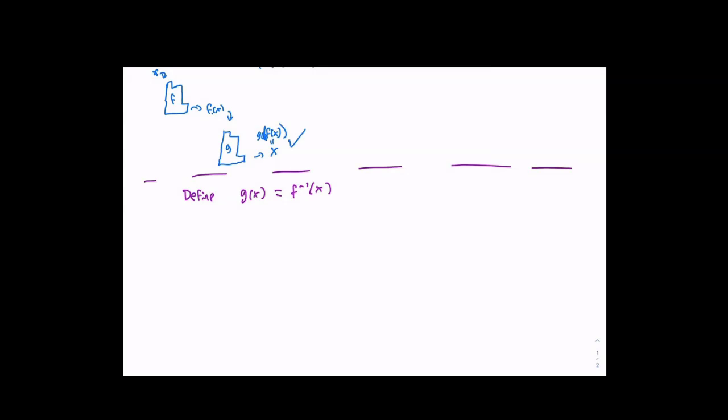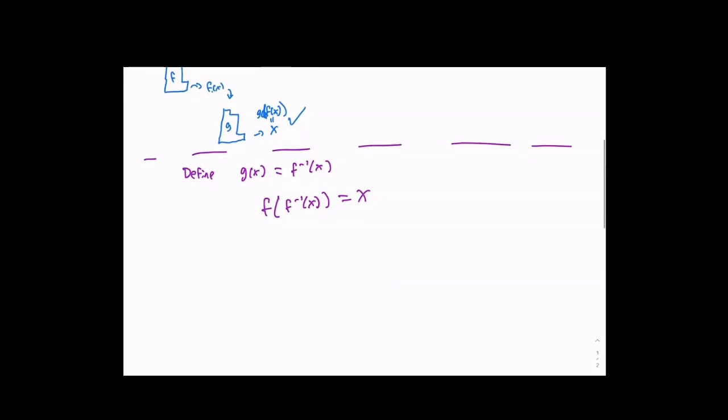And in this proof, it's easier to see that when we're doing the work because it gets very convoluted if not. So we know that f of the inverse of f is x. So f of g of x will just be x.